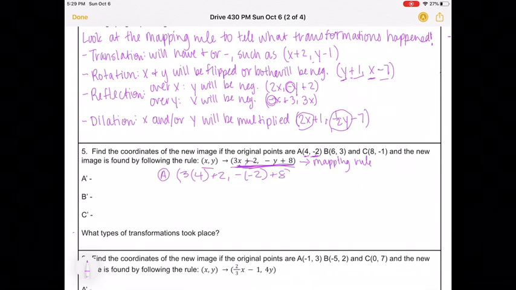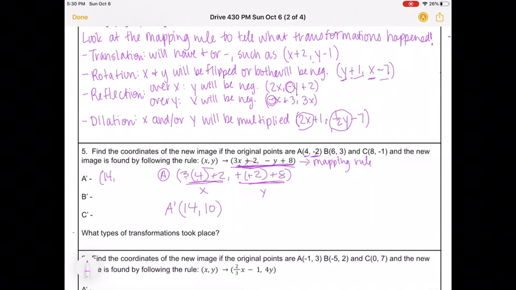And plus 8. So this is the x section, this is the y. All right, so just so I keep those straight. Okay, so 3 times 4 is 12, plus 2 gives me 14. Here, negative 2 makes that positive 2, plus 8 gives me 10. So my new coordinate A prime will be 14, comma 10.